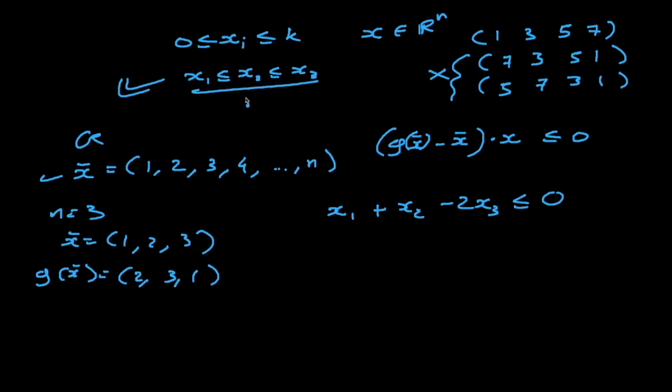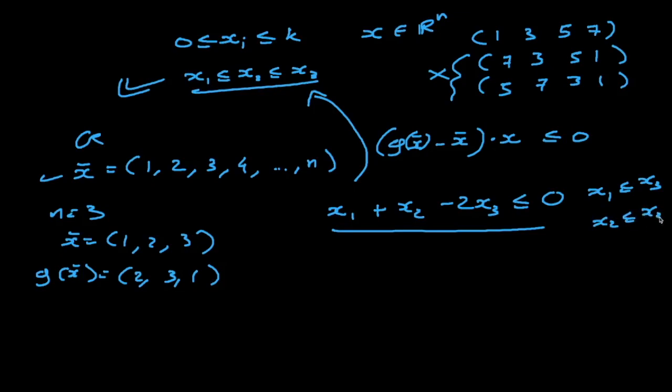So this basically dominates these inequalities, right? It can be derived from them, where it basically says that x1 is less than or equal to x3 and x2 is less than or equal to x3. If we just add up these two inequalities, then we get this inequality. And that's for one permutation.